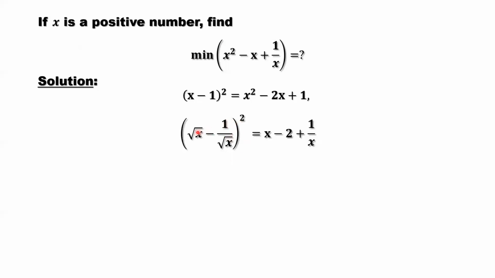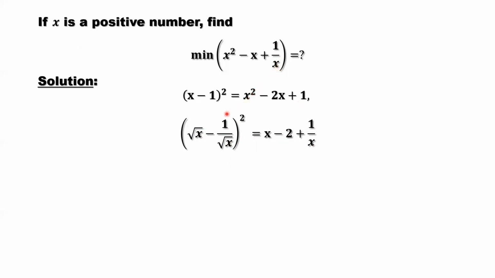The first item square, that's x. Second item, that's minus 2 times the first one times the second one. So the 2 cancels, you have 2 there. The last one square, that's 1 over x. Now here, we have 1 over x to match this one.